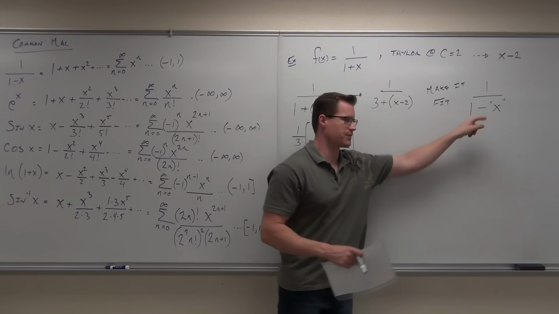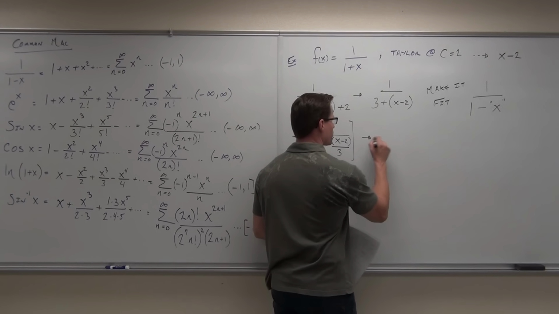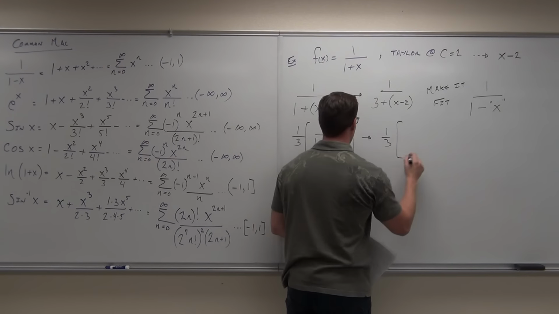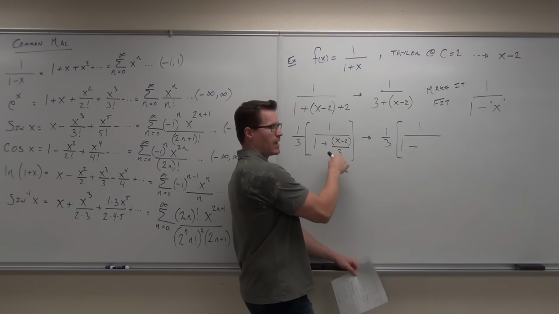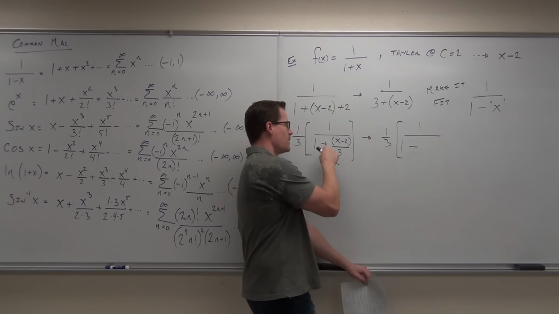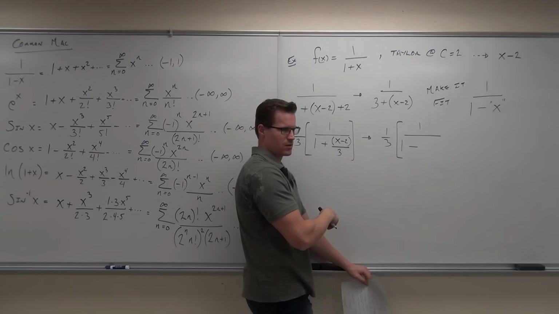It's got to fit this. So I'll have my 1/3. I'll have my 1 over 1 minus. But then this, how can I make that minus? How can I make a plus equal a minus something?